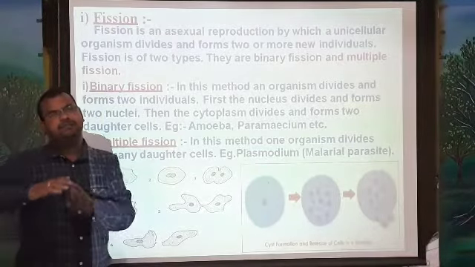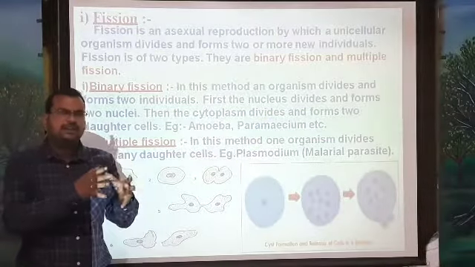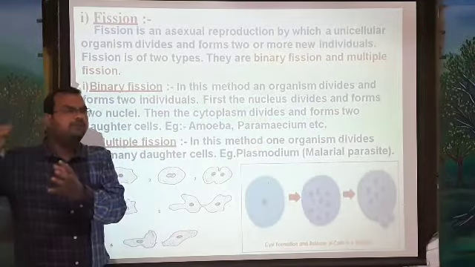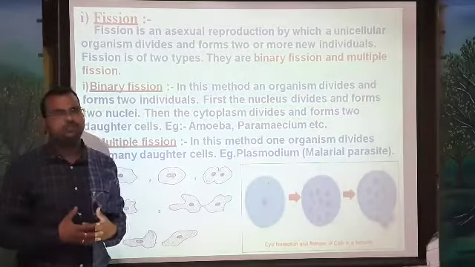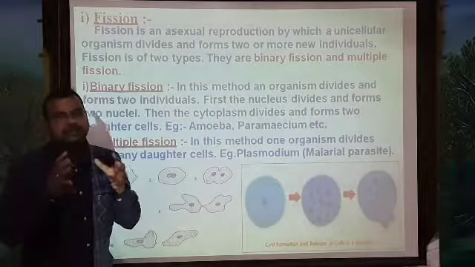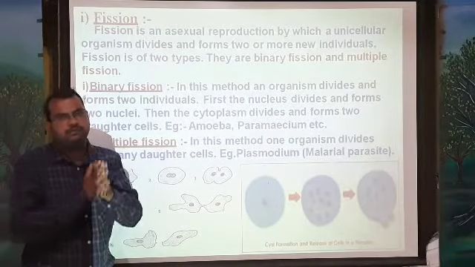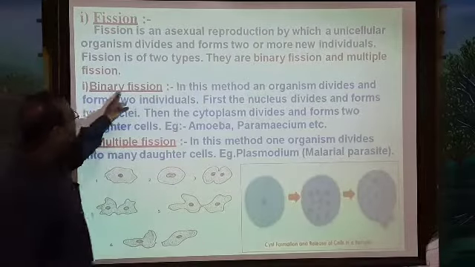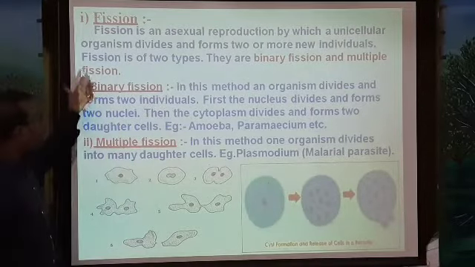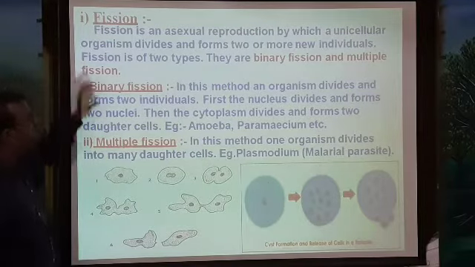Or if a single organism is going to produce a number of new individuals, such kind of fission is called multiple fission. So there are two kinds of fission: binary fission and multiple fission.